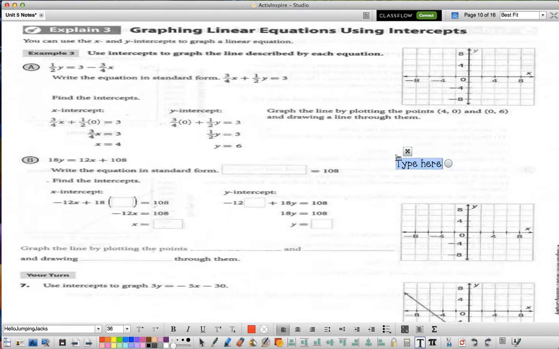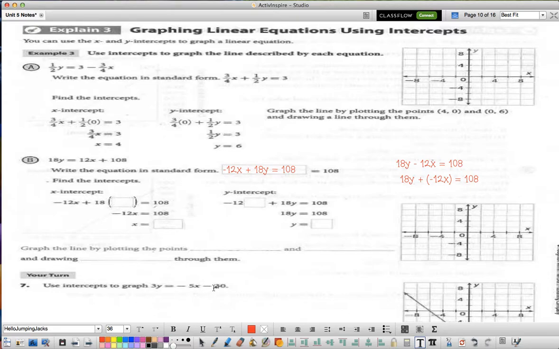But we know that we want it to be addition. So we have to remember that we can change it. Minus a positive is like plus a negative. So that way I can rearrange it to negative 12x plus 18y.